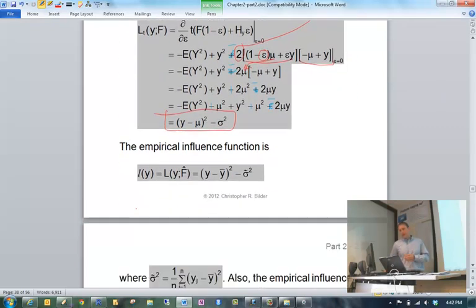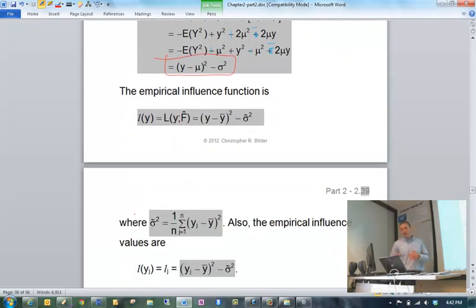So what are the empirical influence function values then? Now we use the plug-in estimates. In other words, mu will be just the integral of y dF hat. Sigma squared will be the integral of (y minus mu) squared dF hat. In other words, it's going to be the usual biased estimate of the variance.